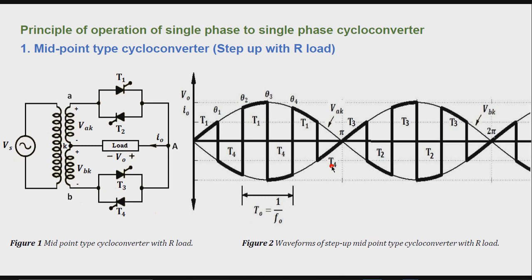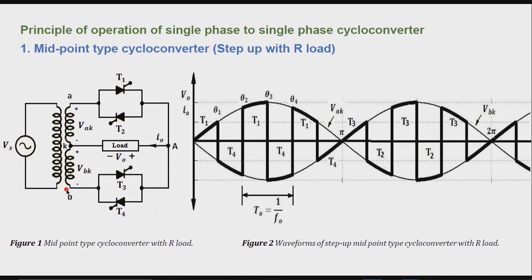Now after omega t equal to pi, terminal B is positive with respect to A. Both thyristors T2 and T3 are forward biased. At omega t equal to pi, T4 is force commutated and the forward biased thyristor T3 is triggered, and the load voltage is positive.